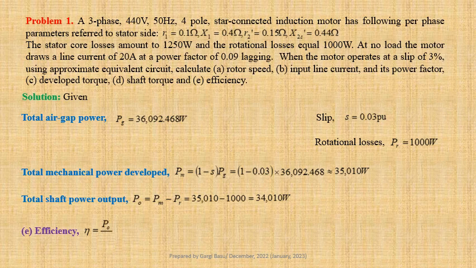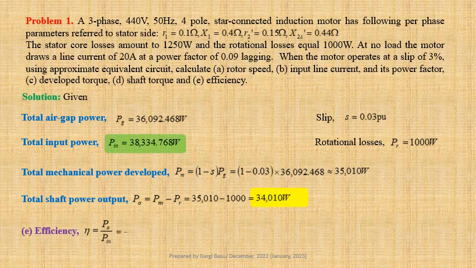Now we shall determine overall efficiency of the motor. Eta equals to Po divided by Pin. We have computed total input power Pin equals to 38,334.768 watt.